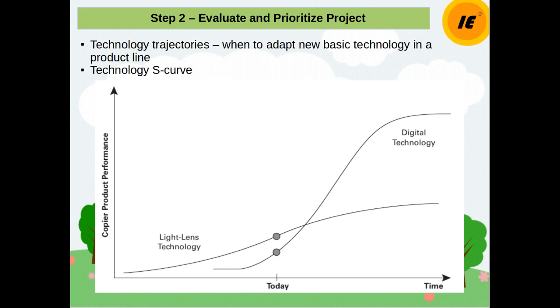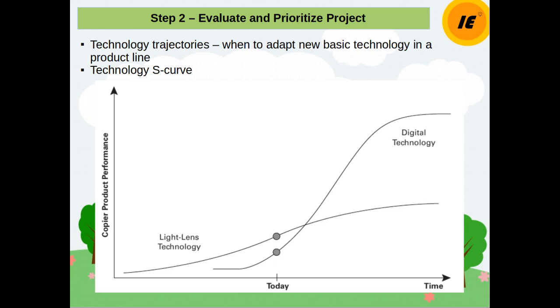The S-shaped trajectory captures these general dynamics. As you see in the figure here, the horizontal axis may be cumulative research and development effort or time. The vertical axis may be a performance cost ratio or any important performance dimension. So it doesn't have to be exactly the parameter plotted in the figure. It can be anything else also.